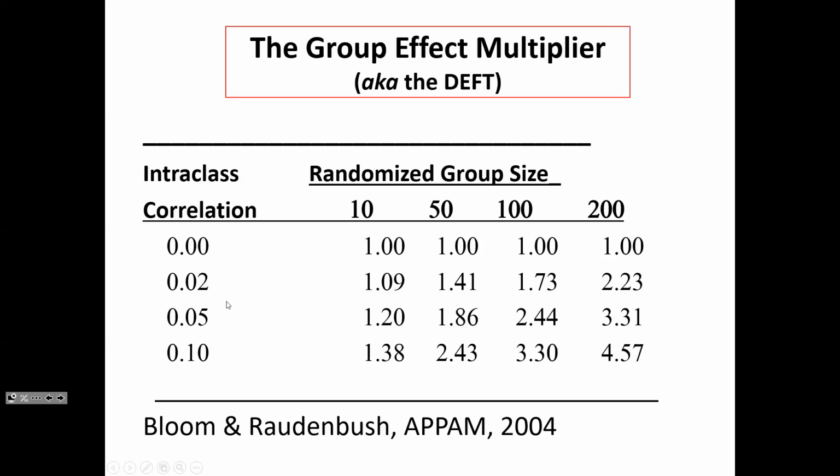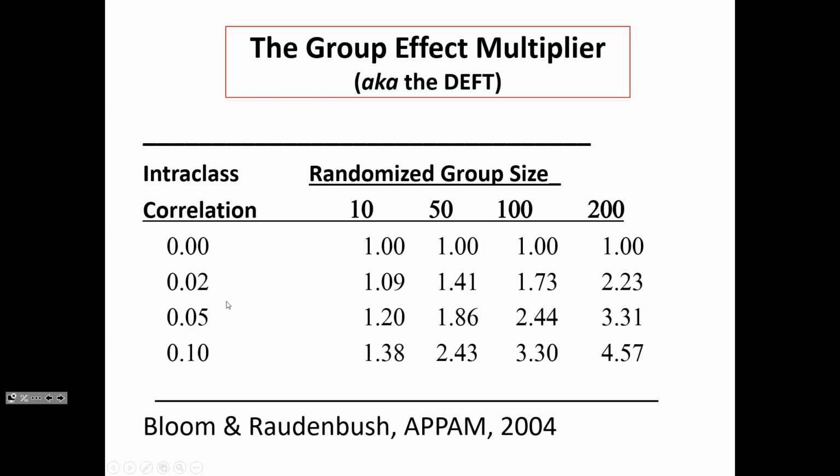If you have 10 people per cluster, an ICC of 0.1 is not going to have nearly as much of an impact as if you have 200 people per cluster. Let's think about what that means from a study design perspective. It would be much better for me to collect lots of clusters with very few people in them. Just say we're taking 1,000 people.